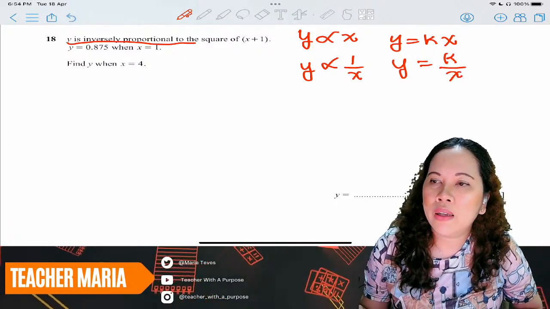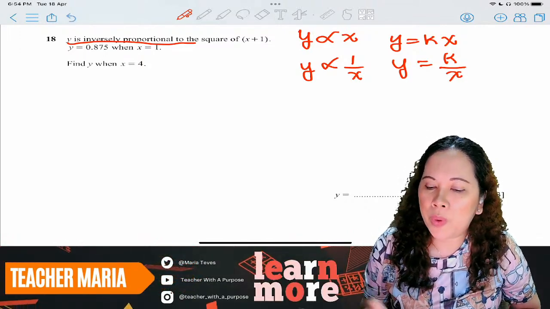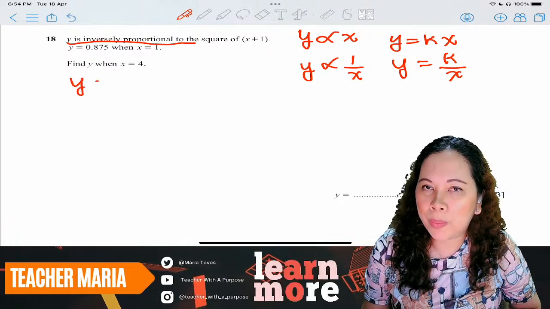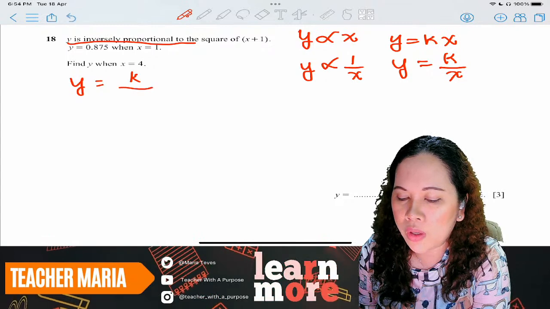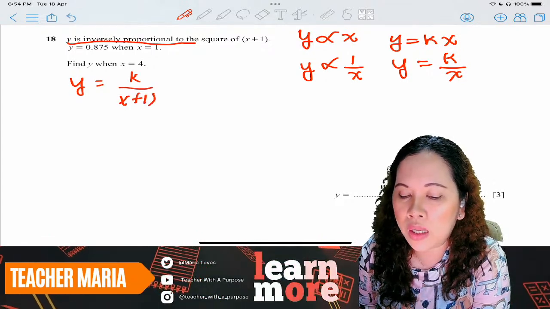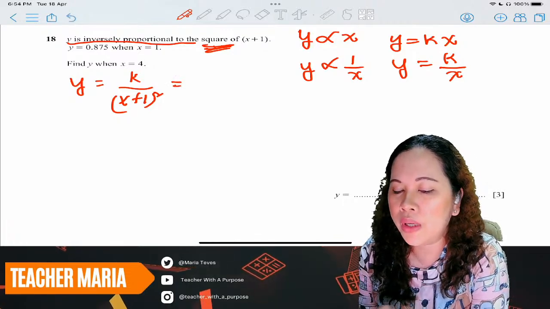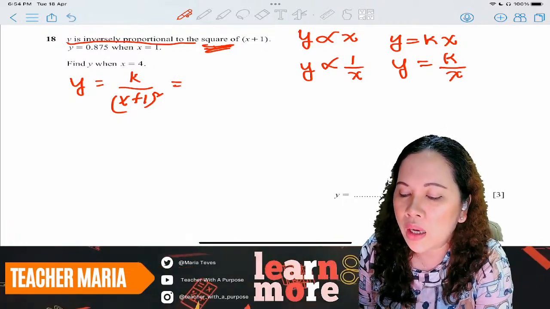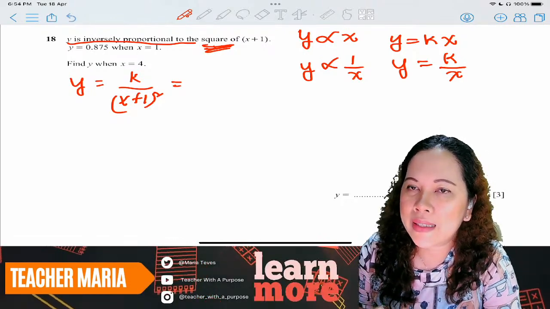So since what we have here is inversely proportional, that will be y equals k over (x plus 1) squared, because it says squared here. And all you need to do is rearrange this. When y is 0.875, x is 1.